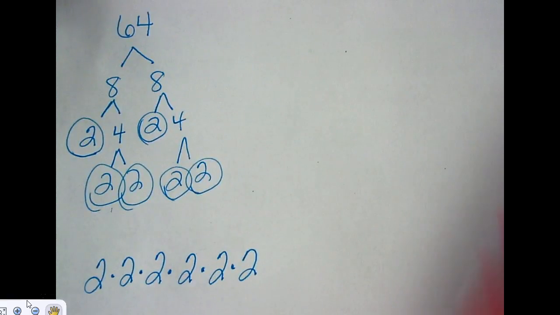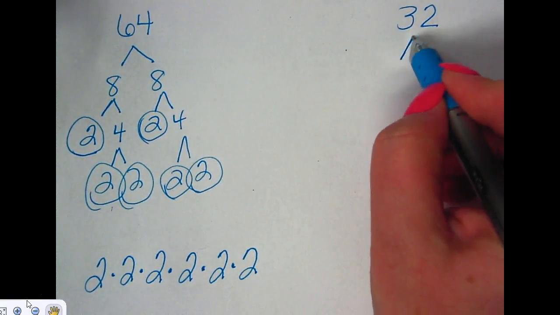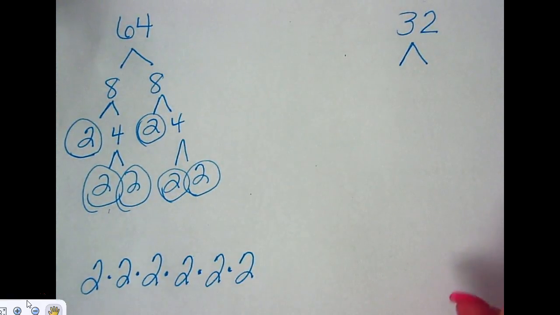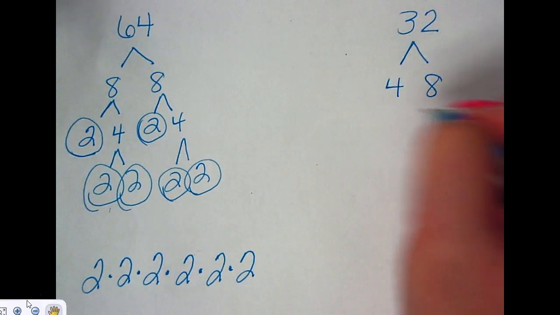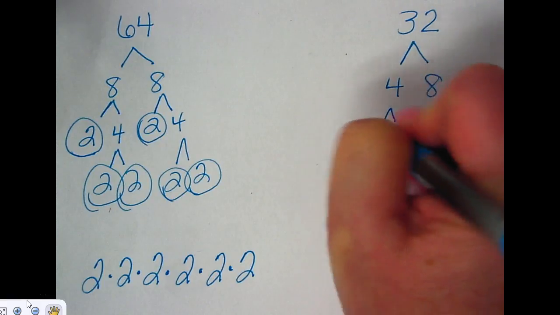The next number is 32. 2 factors of 32. 4 times 8. 4 is composite, so 2 factors are 2 times 2.